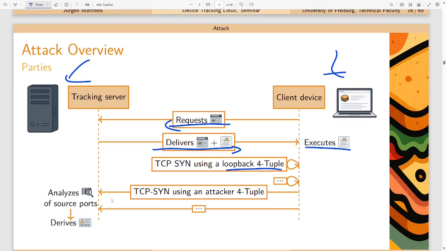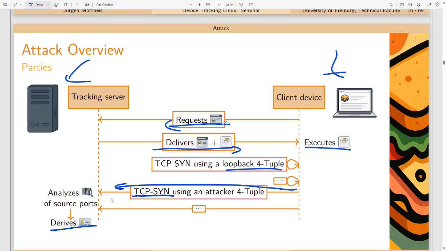These connection attempts go to the tracking server, and the tracking server then analyzes the patterns of the source ports, extracting the source ports from the TCP SYN packet, and is thus able to derive a device ID, which I am going to explain in more detail in a second.